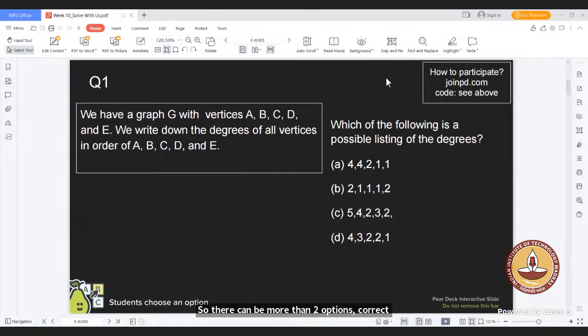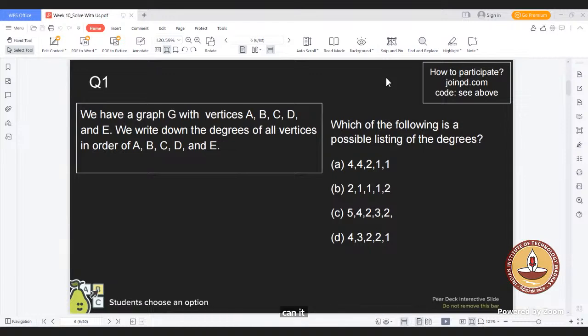If you are getting more than 2 options, then it can also be correct. But if you try using all the 3 things that we have discussed, then we can see. So shall I discuss the solution? Yes, sir, please discuss.